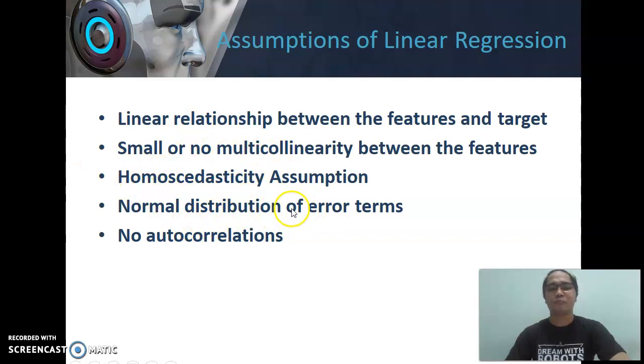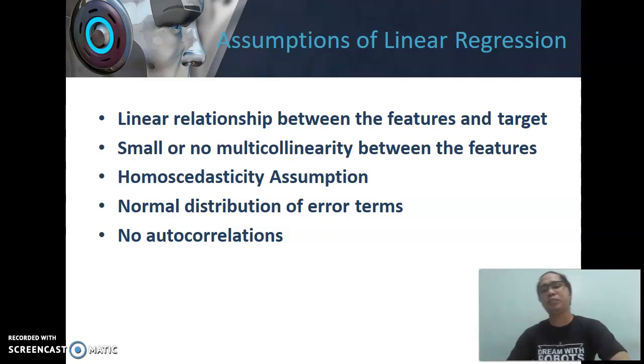Linear regression assumes that the error term should follow a normal distribution. If the error terms are not normally distributed, then confidence intervals will become either too wide or too narrow, which may cause difficulties in finding coefficients.